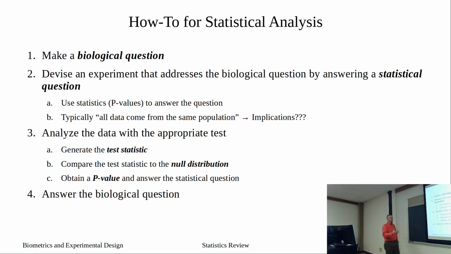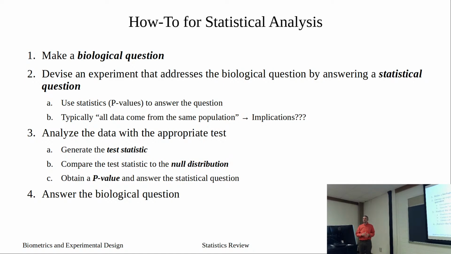So typically, as we create this statistical question, we start with this: all data came from the same population. That's really the start for that statistical question. What is the implication of that? We say all of our data that we've collected, we recorded what groups they were in, when we collected them, how we collected them, all of that stuff.